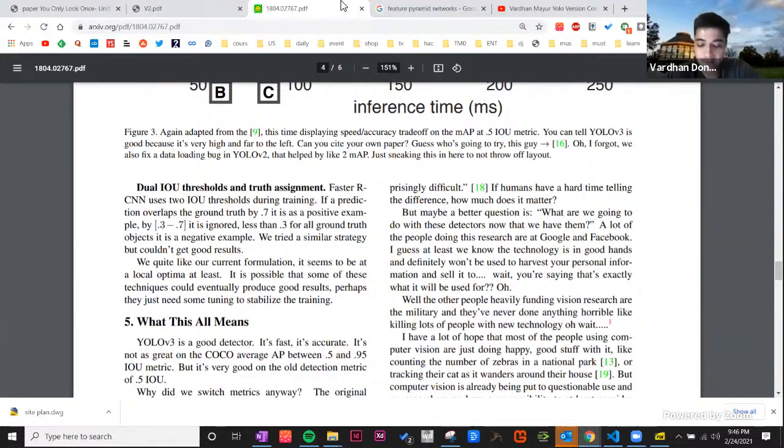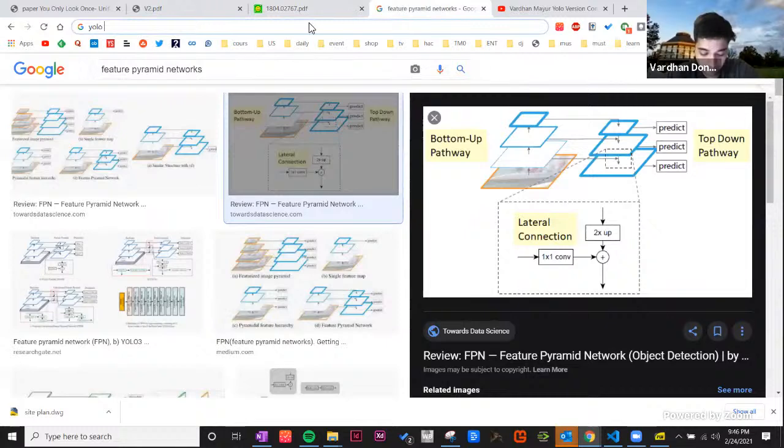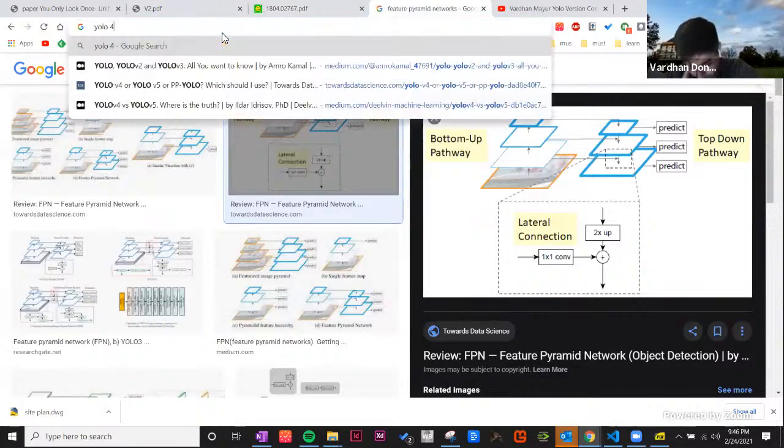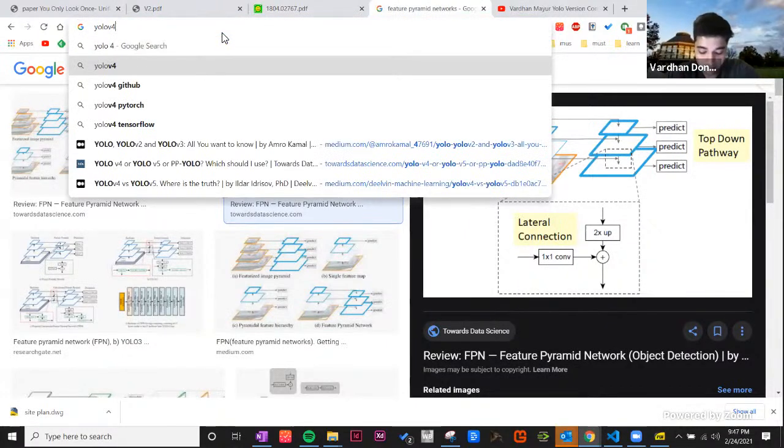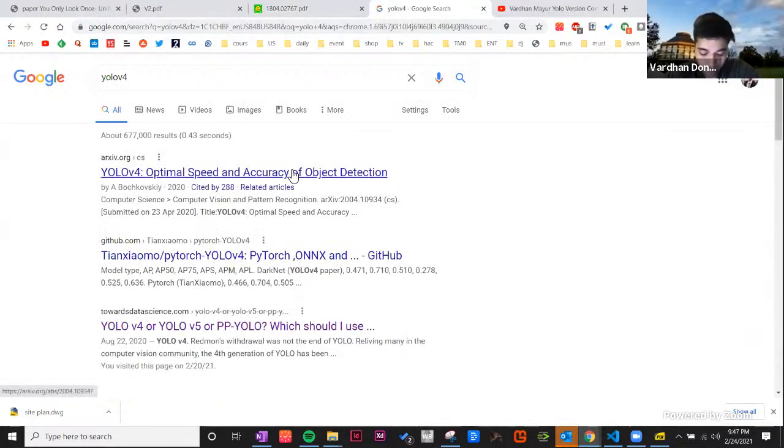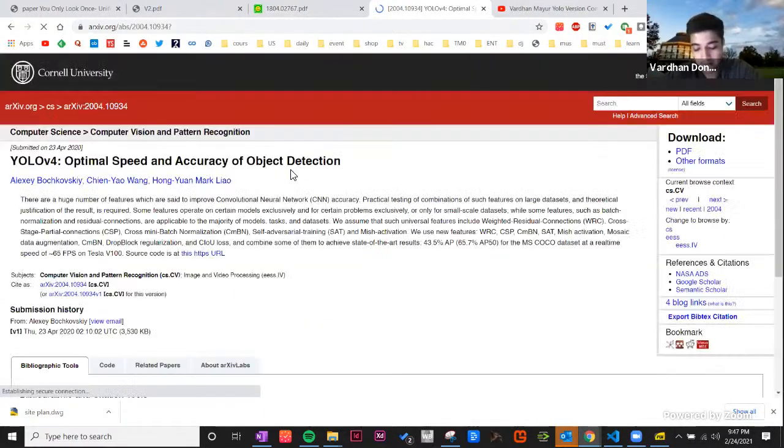Its mAP has increased for higher frame rates. If I could say what's the major improvement, what we can say is the way the detector works is now different in this. So you can go into the paper if you want.